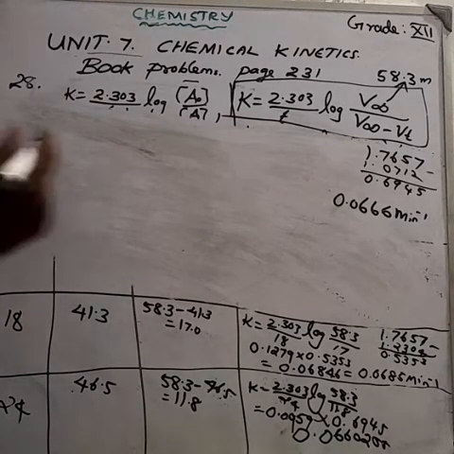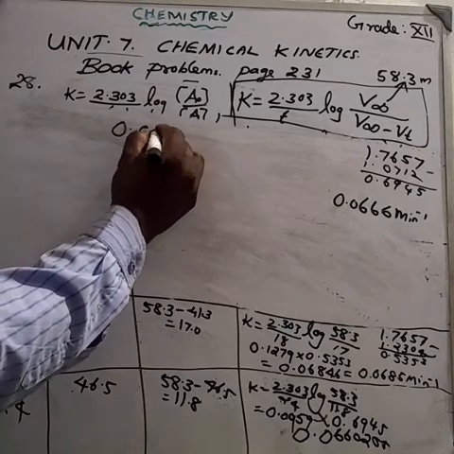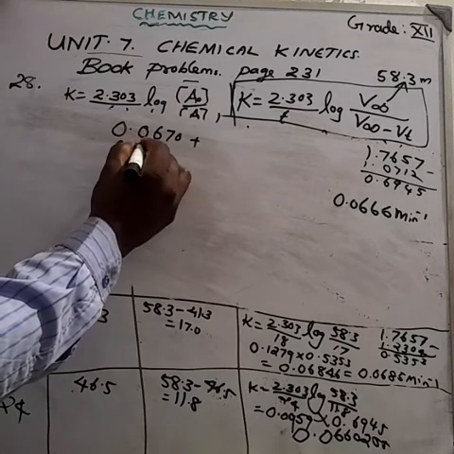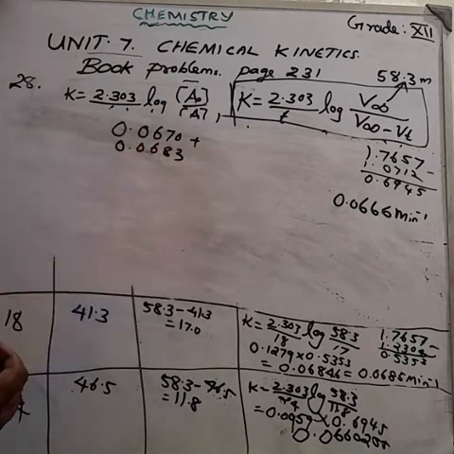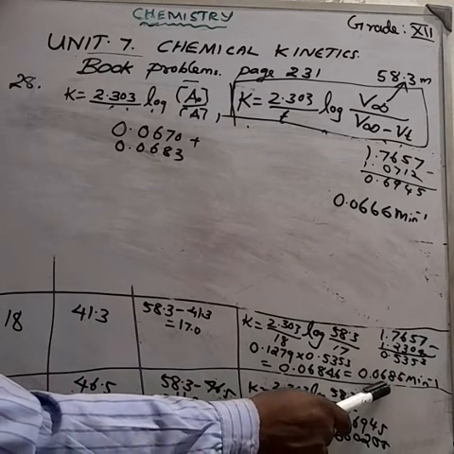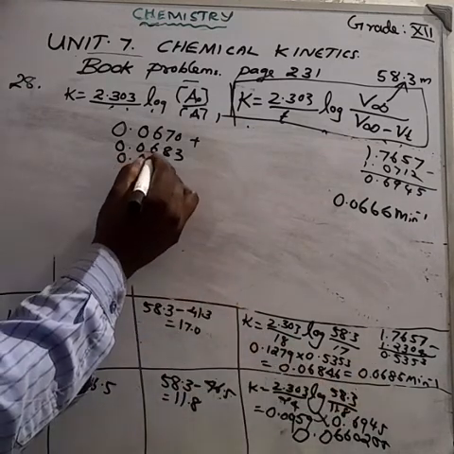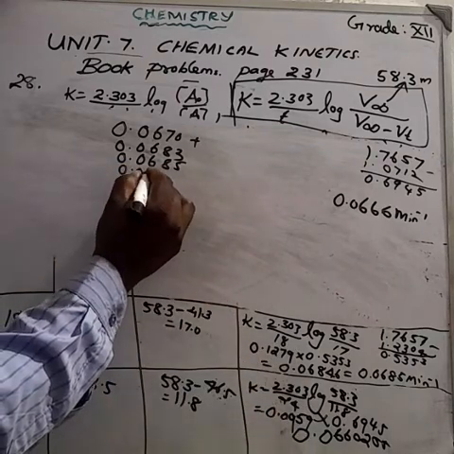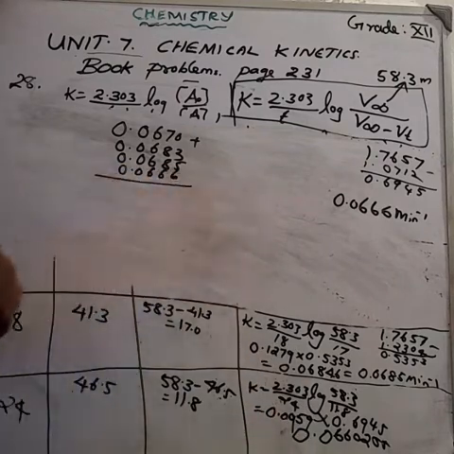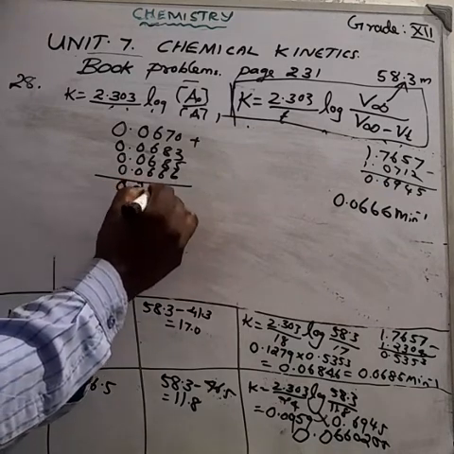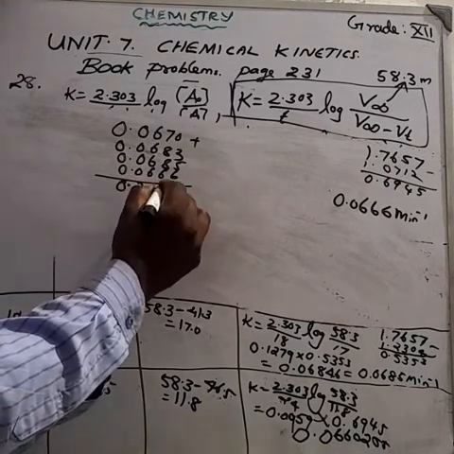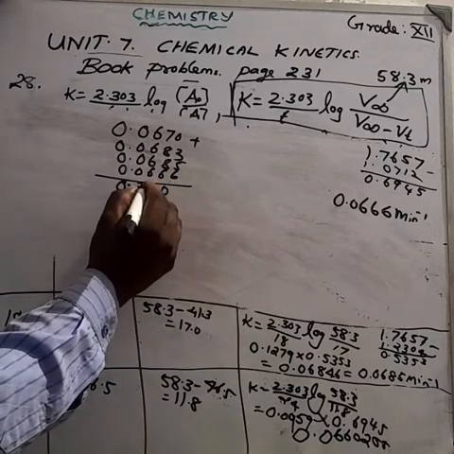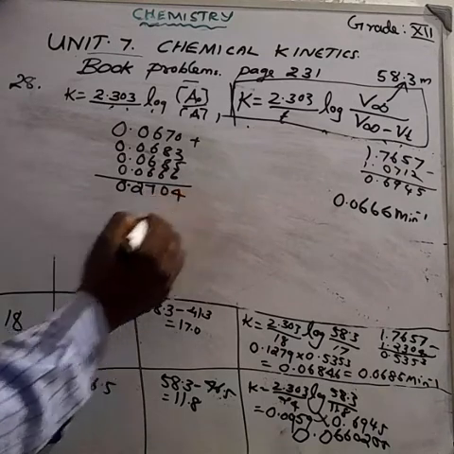The first value is 0.0670 plus 0.0683, that's the second value. Third value 0.0685. Fourth value 0.0666. Adding, I get the value 0.2704.